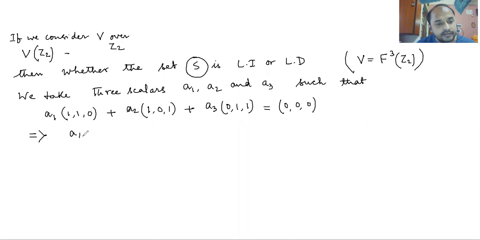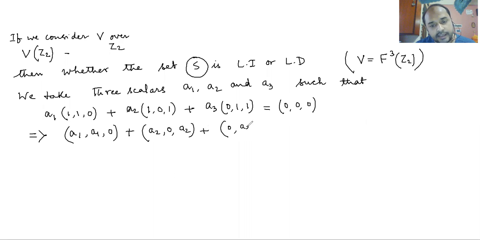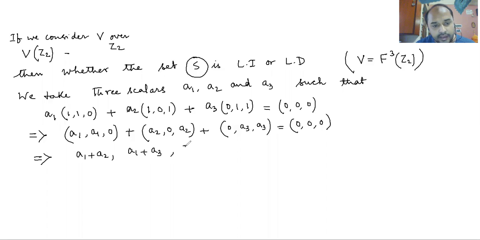This implies (A1, A1, 0) plus (A2, 0, A2) plus (0, A3, A3) equals (0, 0, 0). This implies (A1 plus A2, A1 plus A3, A2 plus A3) is equal to (0, 0, 0).